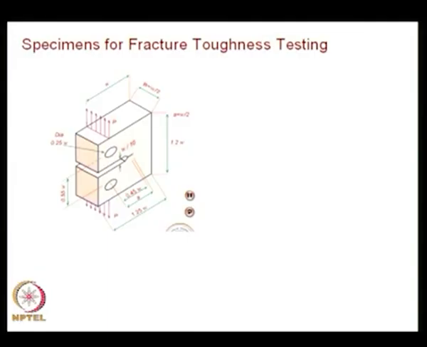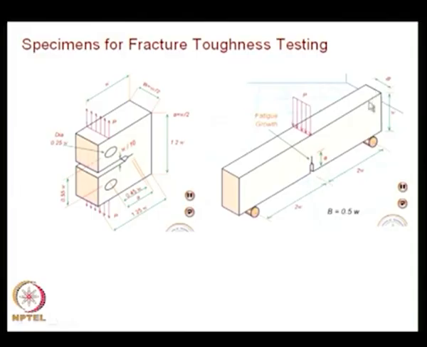Is a compact section specimen really compact? Yeah. What are the specimens that we have looked at for fracture toughness testing? We have seen a compact tension specimen. We have also seen a 3-point bend specimen, and I had mentioned 3-point bend specimen is the simplest one to fabricate.